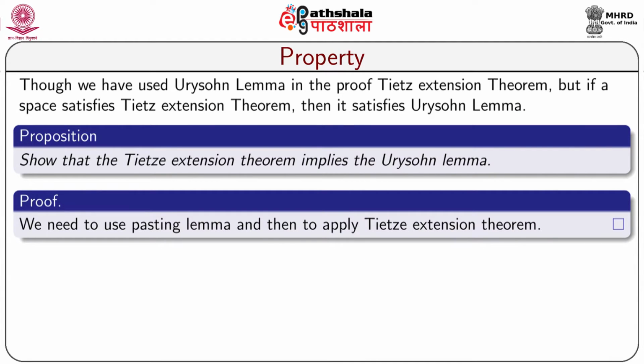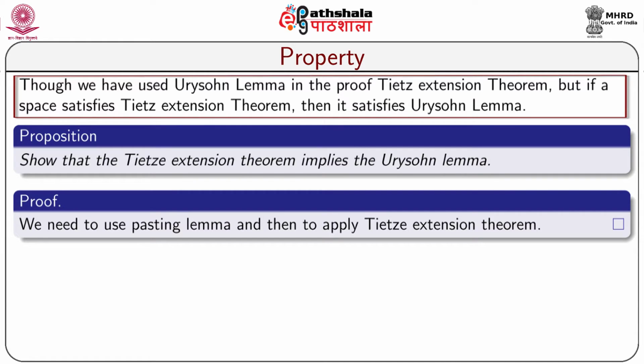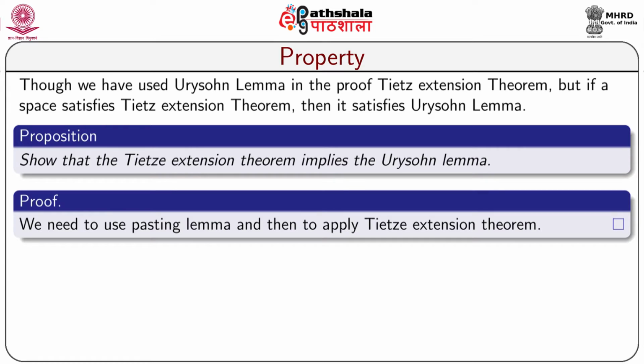Though we have used Urysohn's lemma in the proof of Tietze's extension theorem, if a space satisfies Tietze's extension theorem, then it satisfies Urysohn's lemma. That means, consider a space where we do not know whether it is normal or not, but we know that it satisfies the Tietze extension theorem.